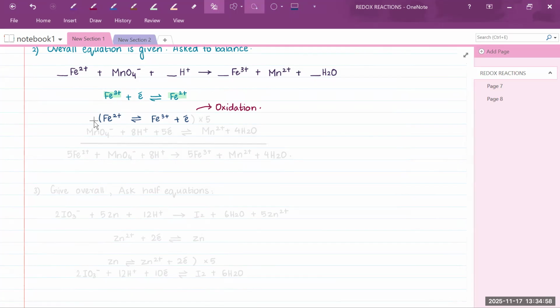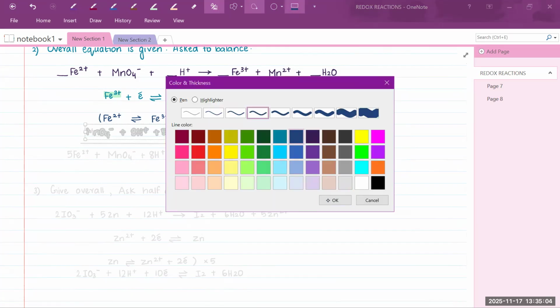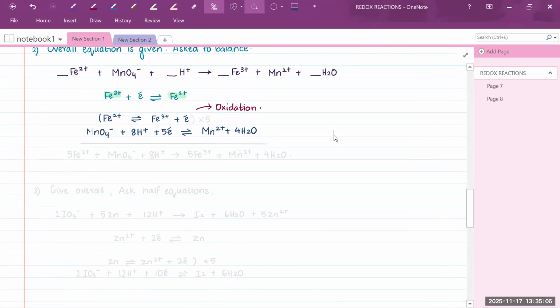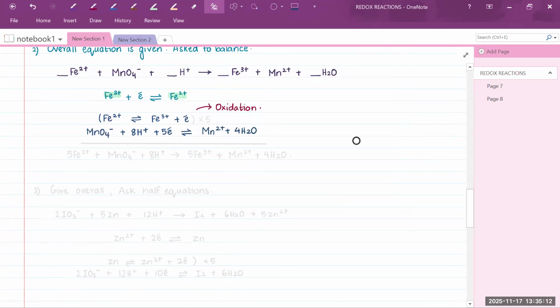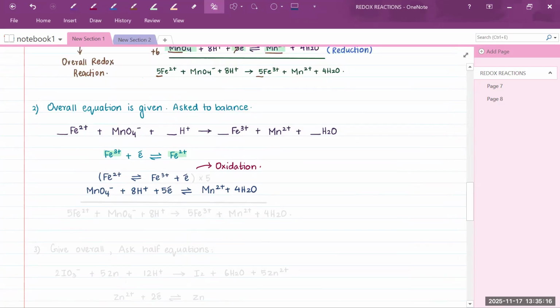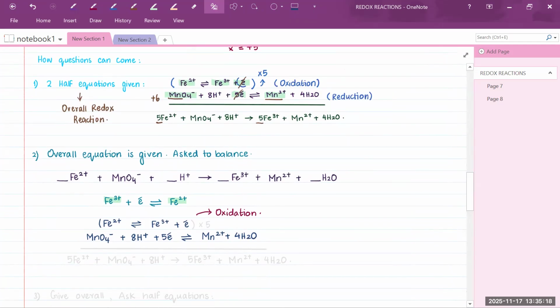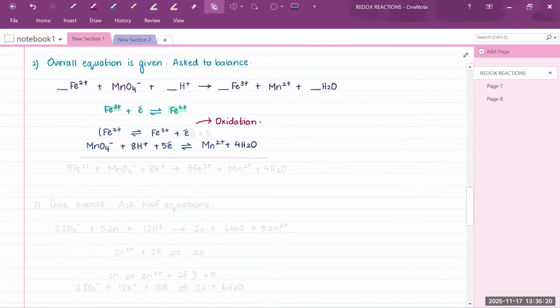Now, the second equation will be from the data booklet as well. Okay, this is the second equation. MnO4 minus is getting converted to Mn2 plus. We saw this here as well. It is going from +6 to +2.